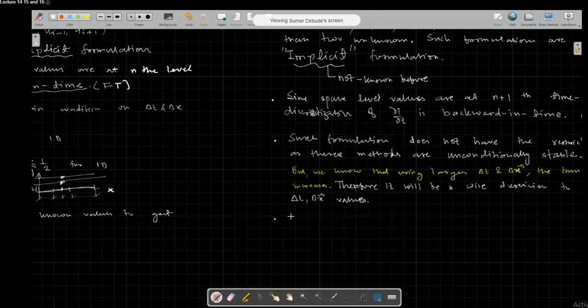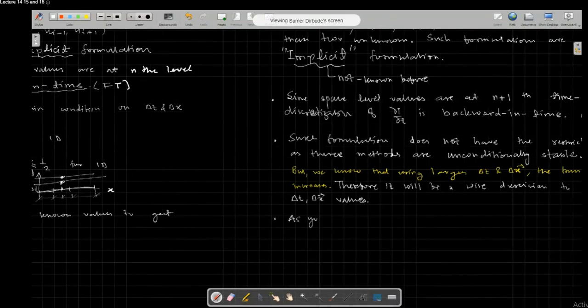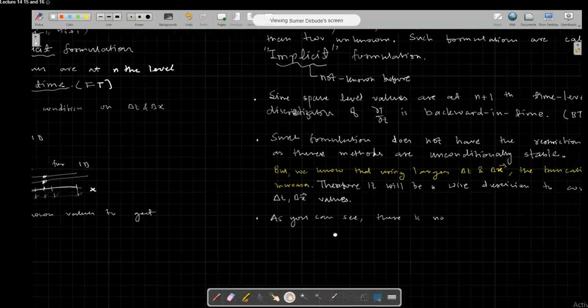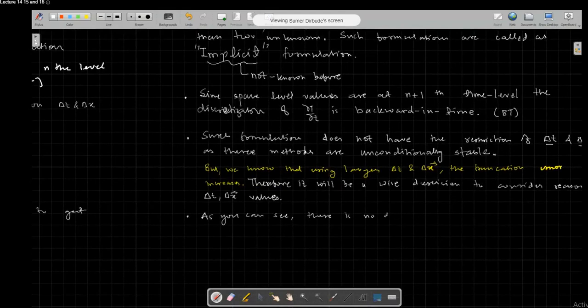As you can observe from the equation, there is no direct substitution of known values to get the unknown value.